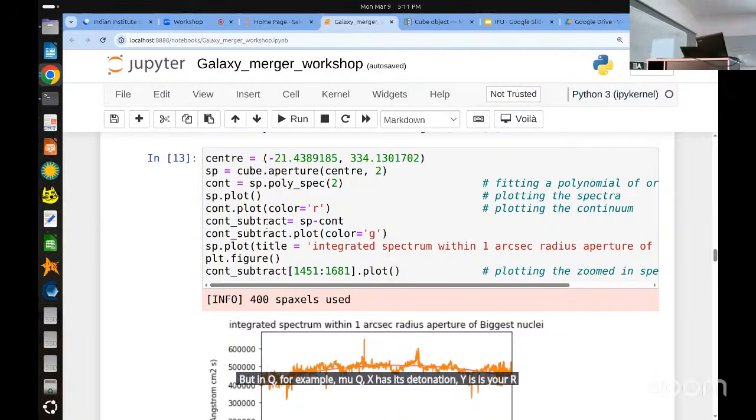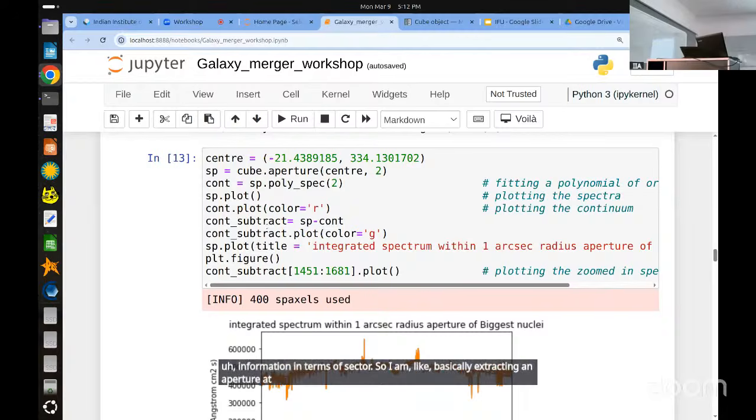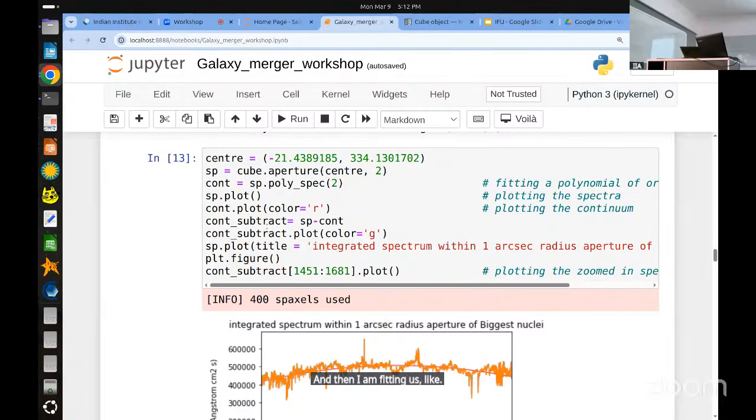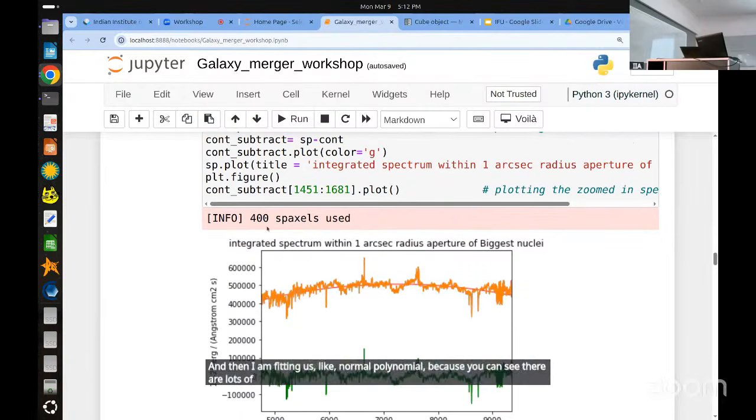So you're giving the center information and you want a 2 arc-second region in terms of spectrum. I am basically extracting an aperture at the center, given a center, of 2 arc-second region, and extracting that region spectrally, not the entire cube spectrum. And then I am fitting a normal polynomial, because you can see there is lots of absorption information also there.